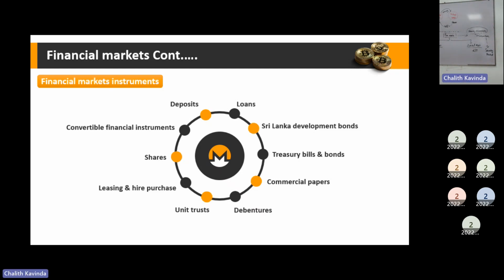If the government needs money in terms of foreign currency, they issue Sri Lanka development bonds or sovereign bonds. We have to pay the interest on time. So when the government needs money in terms of foreign currency, they issue these.